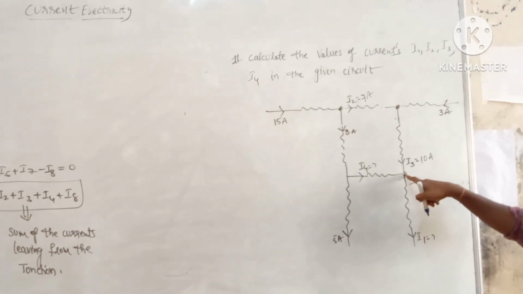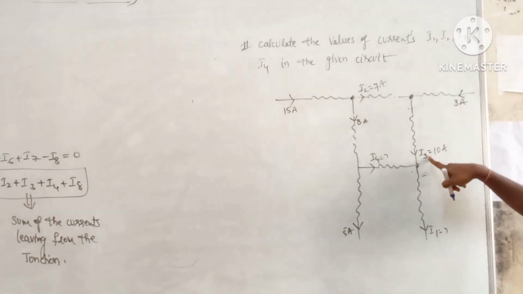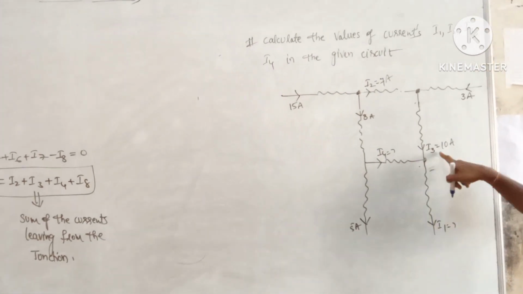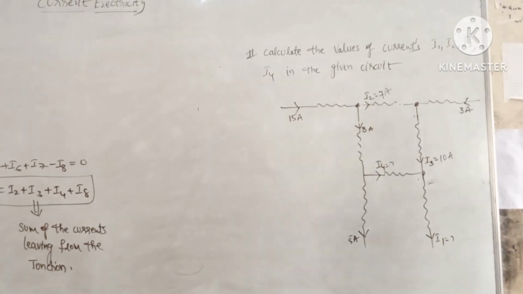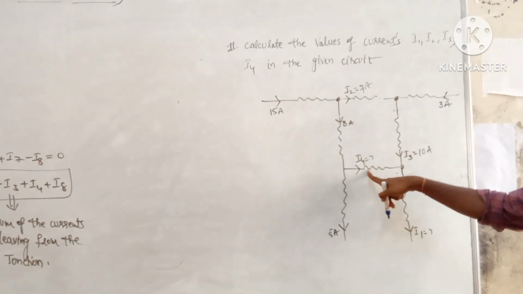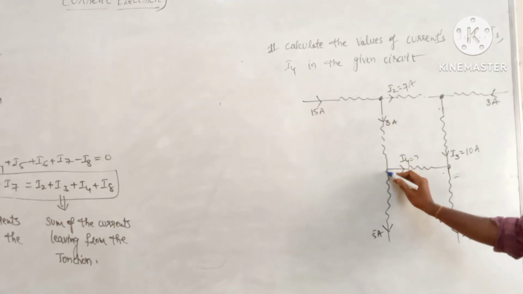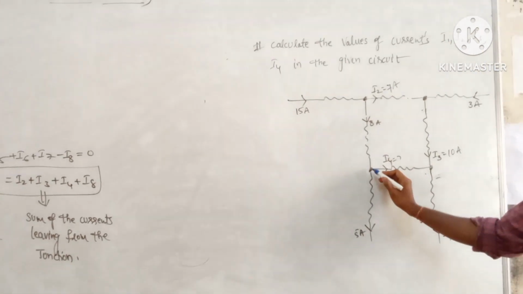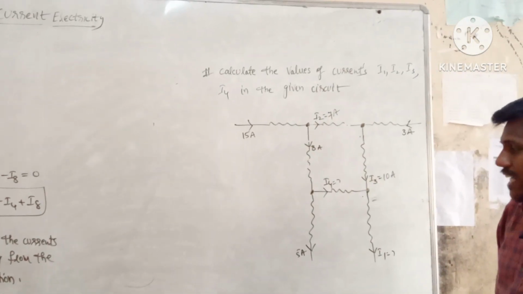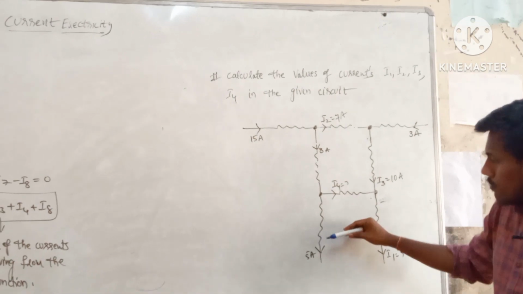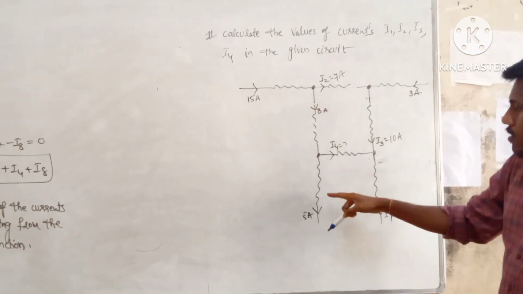With respect to this junction, I4 and I3, these two currents are flowing towards the junction, but we don't know the value of I4. So first come to this junction. At this junction, 8 amperes current is flowing like this, and here the current is divided.